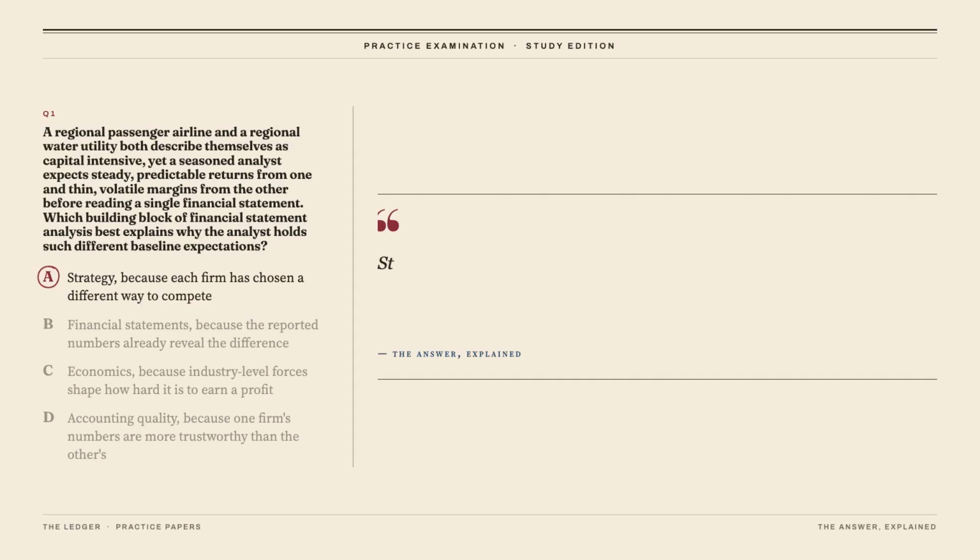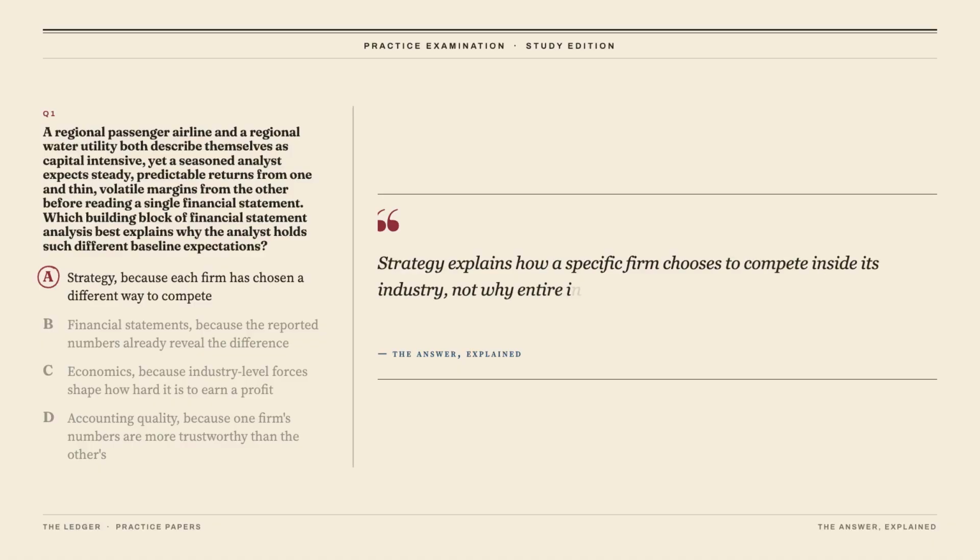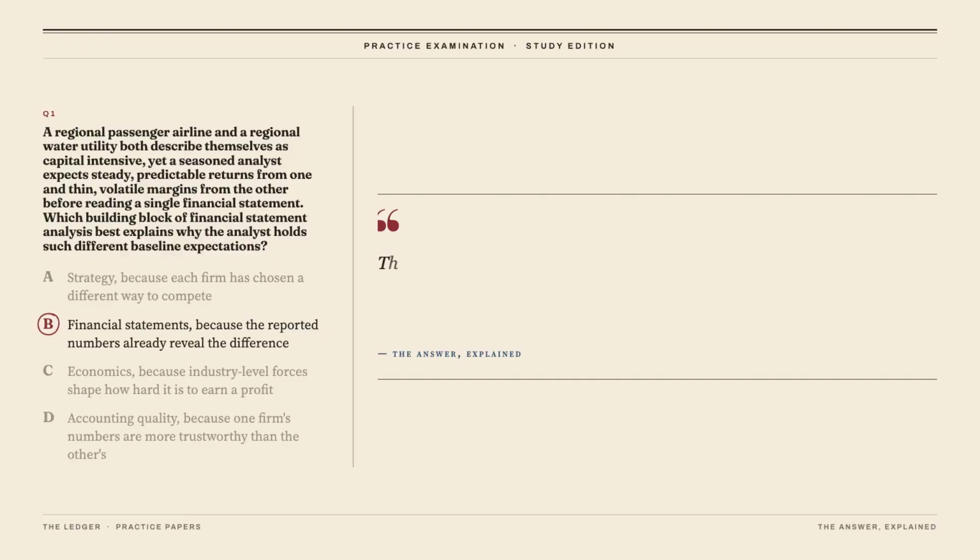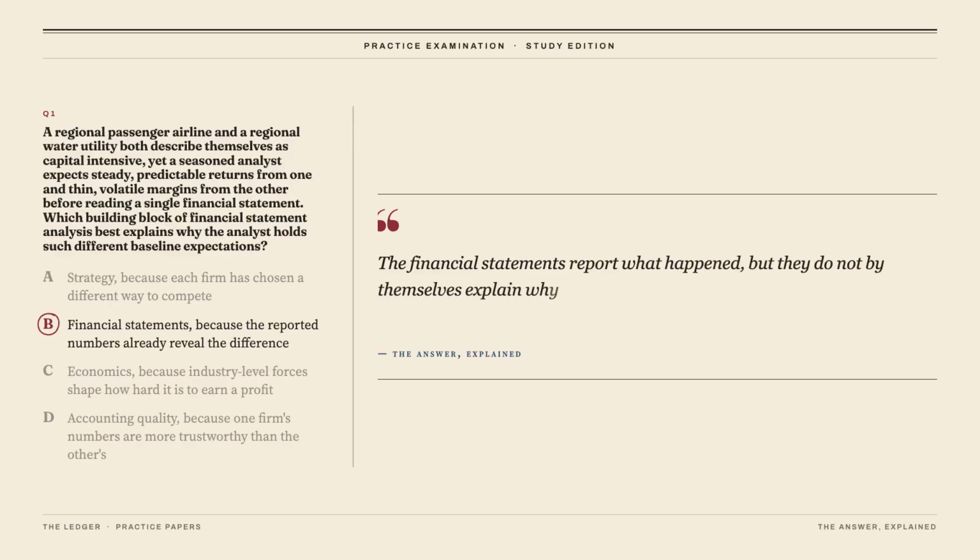A is wrong because strategy explains how a specific firm chooses to compete inside its industry, not why entire industries carry different baseline economics. The gap here exists at the industry level, not the firm level. B is wrong because the financial statements report what happened, but they do not by themselves explain why one industry sustains predictable returns and another does not.